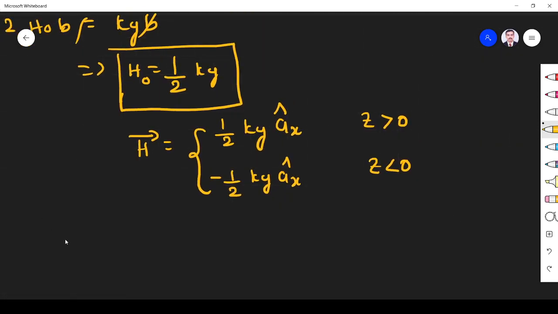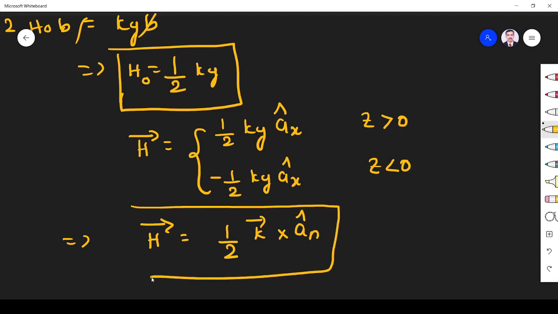From this, what are we understanding? Collectively we can write H is equal to 1 by 2 K vector cross an cap in general. Suppose if our sheet is in the yz plane or xz plane, the answer will be in general like that. We have to shift the answer.